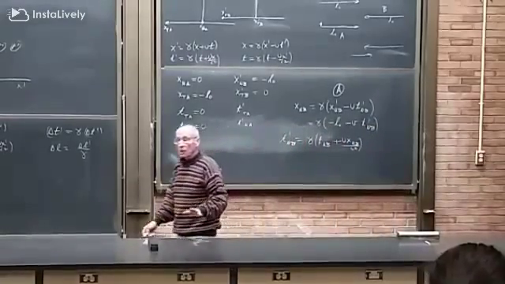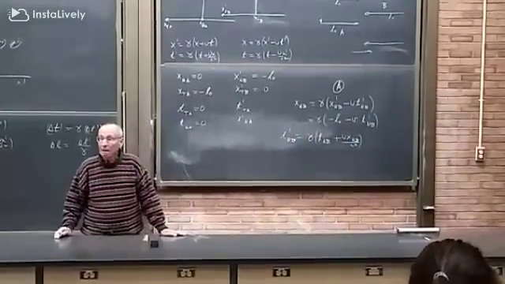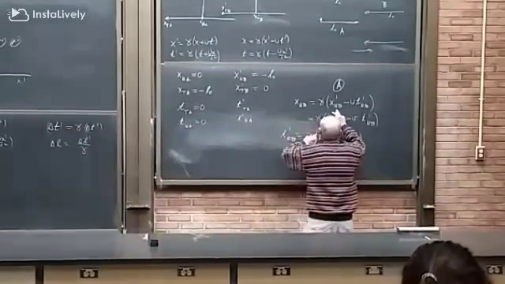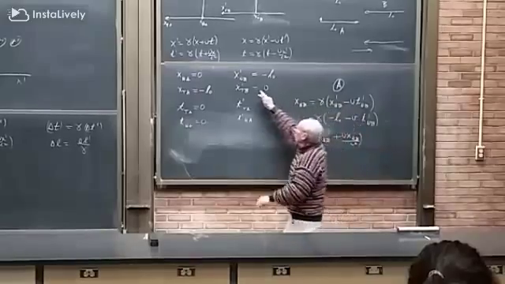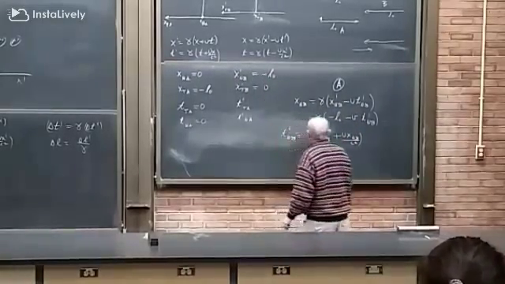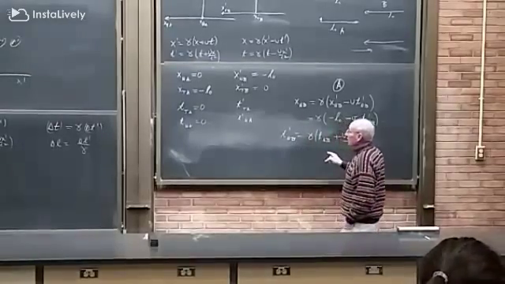Everybody following so far? What was that middle step where it doesn't have what it's equal to? I'm just substituting what I know. I know that x nose B prime is minus L0. Now, I know something else.